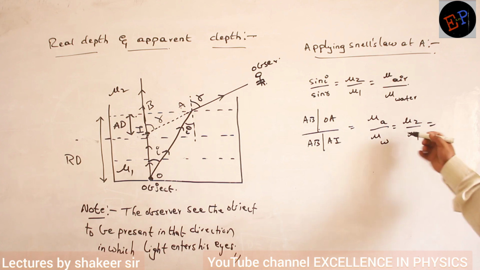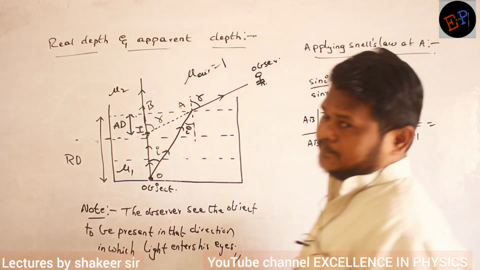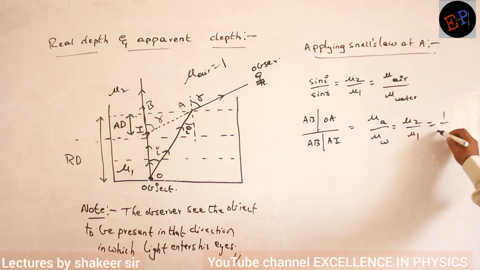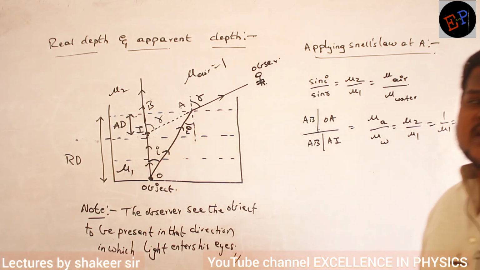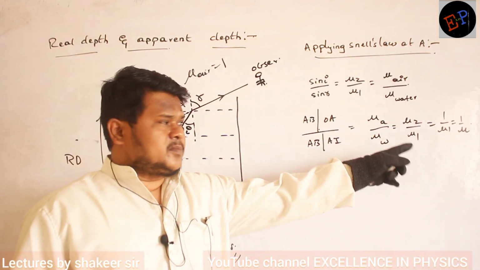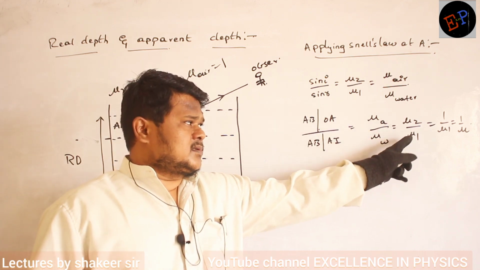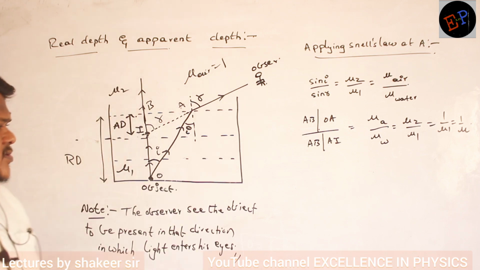And the refractive index of air is 1. So you can write 1 by mu1 also, or just 1 by mu also, if the second medium is air. Because mu2 is 1, the refractive index of air is 1, and then this will become mu. So 1 by mu also you can write.